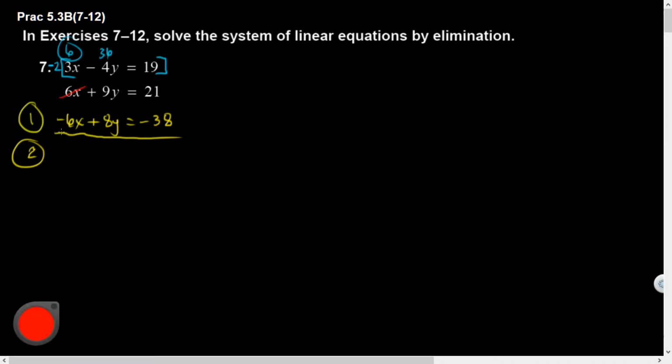Yeah, they get eliminated. 0x is 0, that's nothing. They're gone. This is what we wanted. 9y and 8y combined to be 17y equals 21 and negative 38. You could reach for a calculator, but I believe that is negative 17.